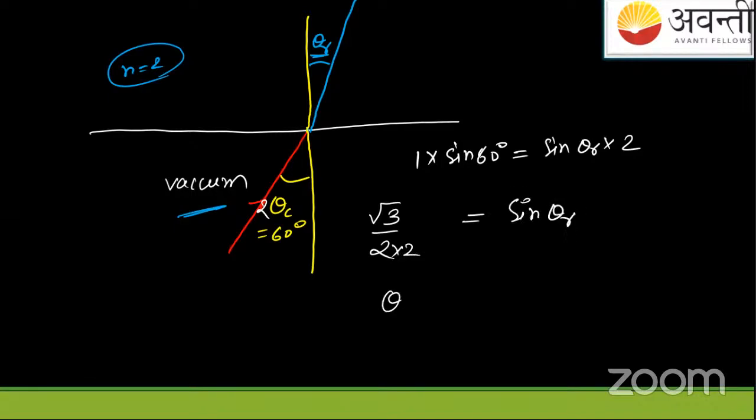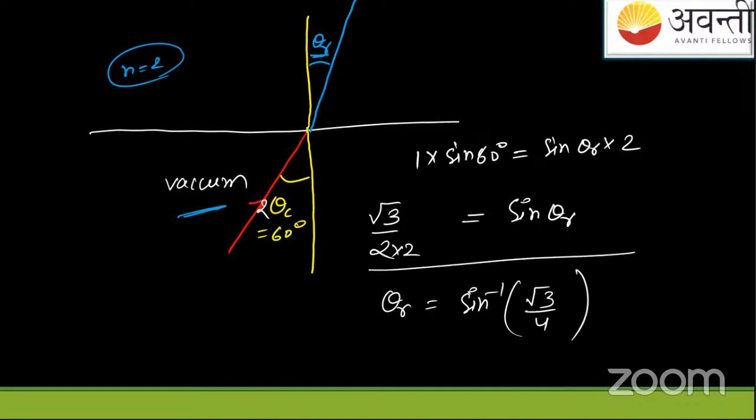Okay, students? So theta r will be sine inverse of root 3 by 4. This is the angle of refraction in this case. Now the homework solution is completed. Now let us see the next things.